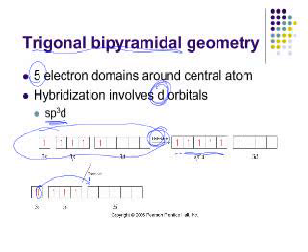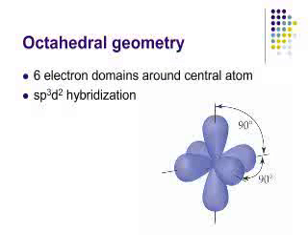Now, I do want to point out there are some unused d orbitals, and this happens with some p orbitals in sp and sp2 hybridization as well, I should mention. All right, but now we have 5 sp3d orbitals that we can use for our geometry to have the right bond angles and the right orientation.